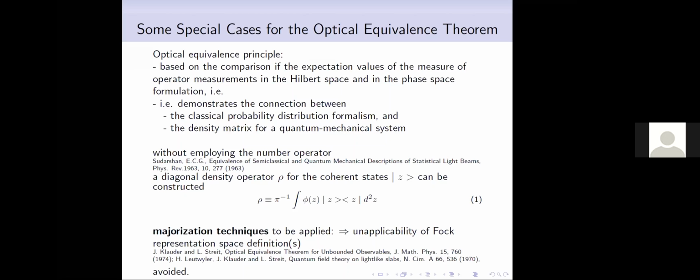And this way also the number operator should not be employed.